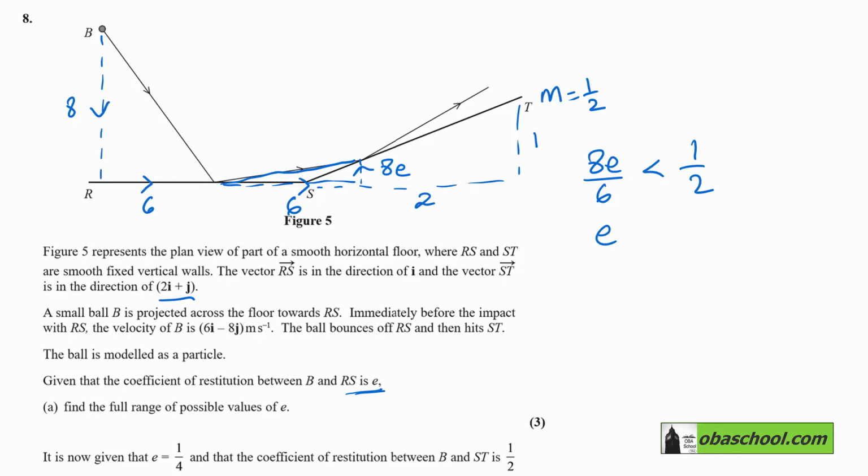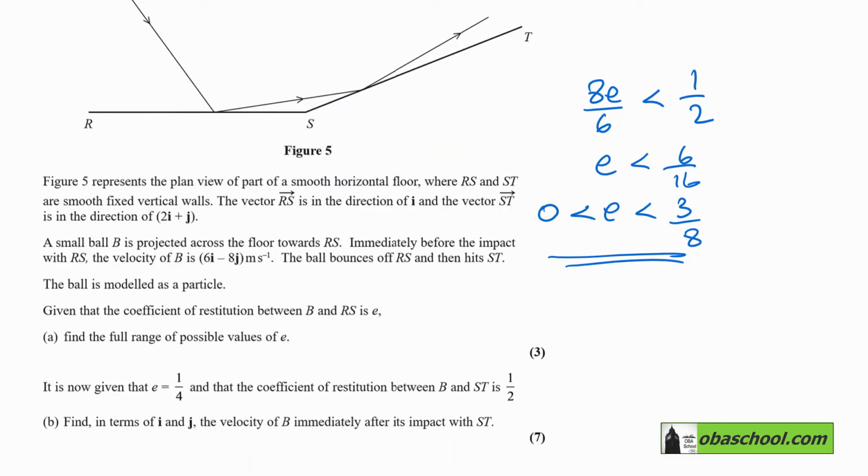So E is less than 6 over 16, so E is less than 3/8, and of course E is always a positive constant, so E must be greater than 0.